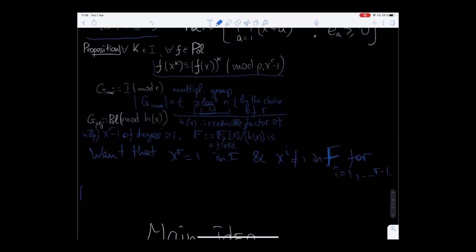I mean, x is another root of this polynomial that we adjoin to the field Zp, and we get this field F, which is basically the span of... you can look at F as Fp[x] factored by h of x.